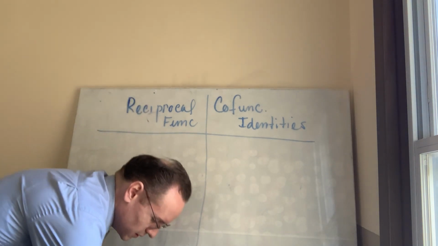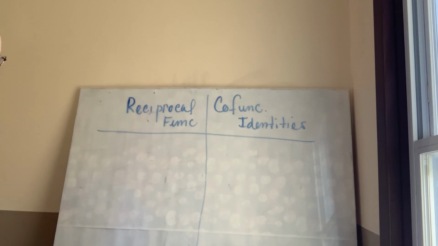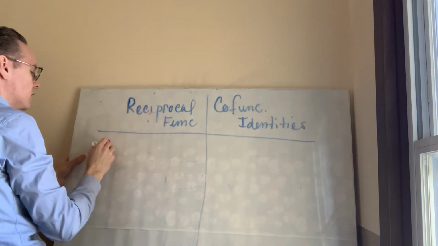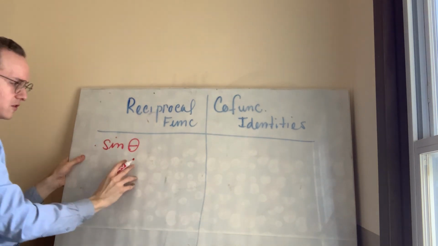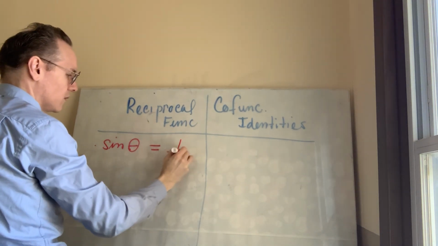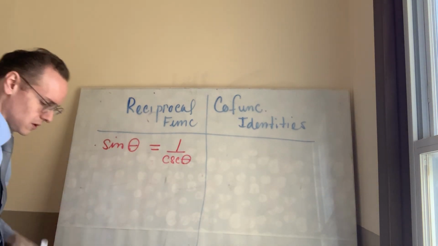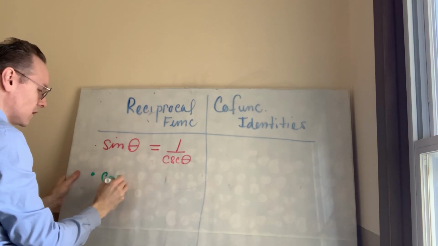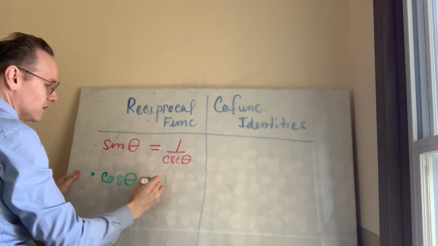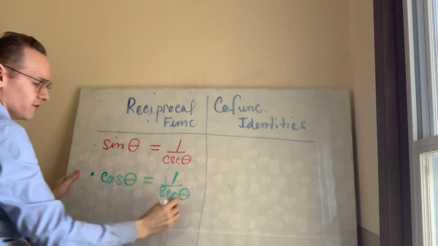Sine and cosine being what they are, and tangent. Sine of an angle, I'm not going to bother writing the parentheses, is the reciprocal of the cosecant of the same angle. Cosine of theta is the reciprocal of secant of theta.